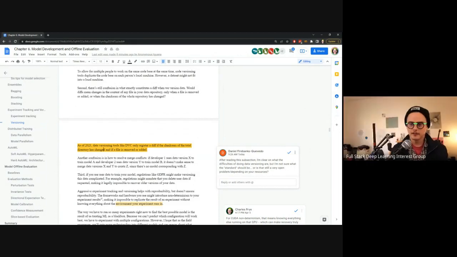Yeah, DVC is very much Git inspired. And by the way, the other tool people sometimes use is just plain Git LFS. You can store really large files on Git with Git Large File Storage, a feature you can opt into on GitHub.